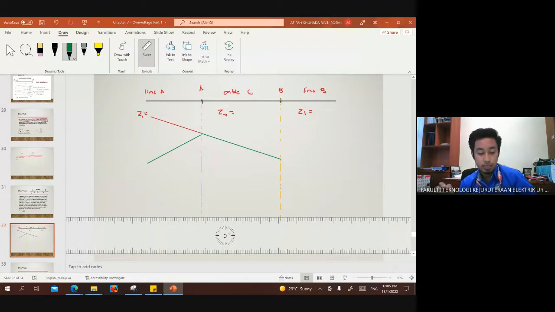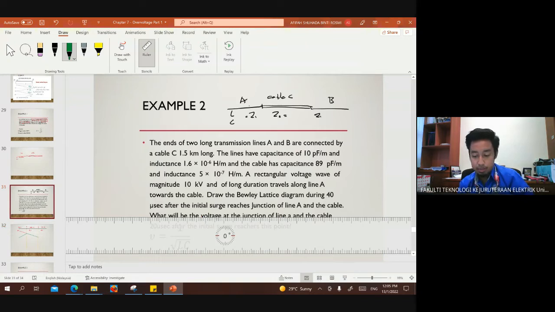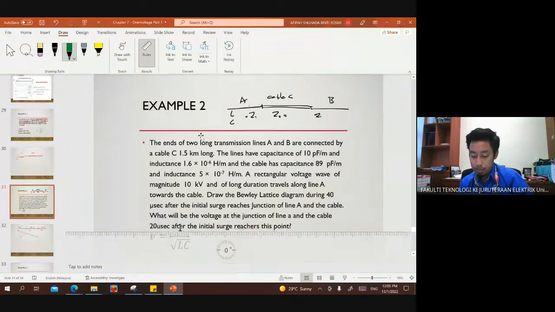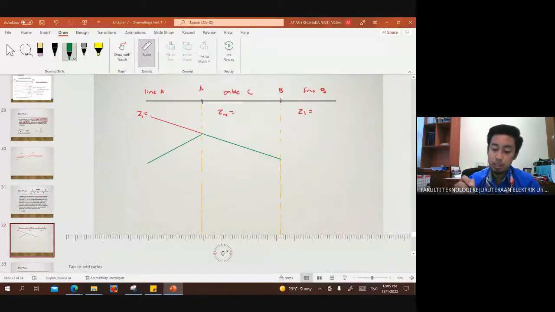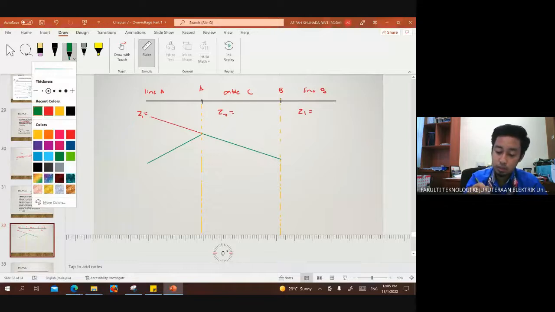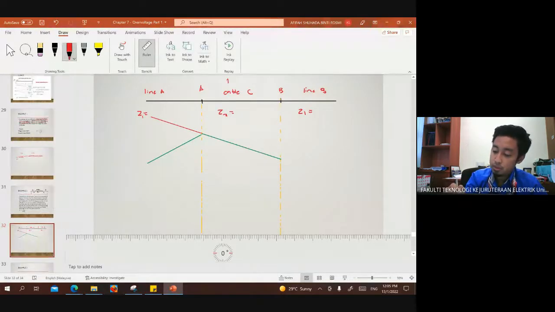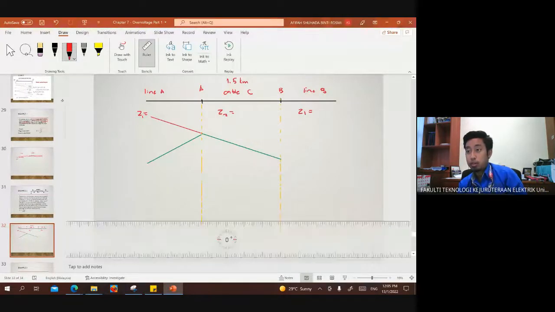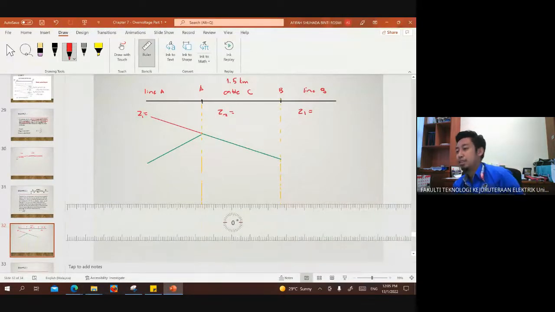So dekat sini dia kata kabel ni berapa panjang dia? Dia bagi tahu panjang CD adalah 1.5 km. Okay, berapa nilai Z? Tak ada siapa dapat ke?